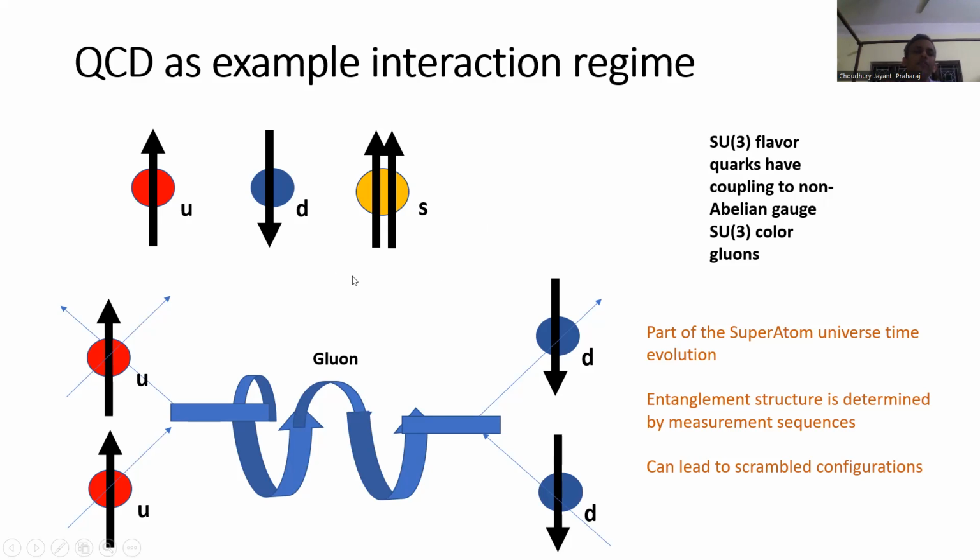Now, the important thing is these obviously determine the kind of states you can have and the kind of entanglement you can have, for example, in a de-Sitter universe, and how it evolves over time.